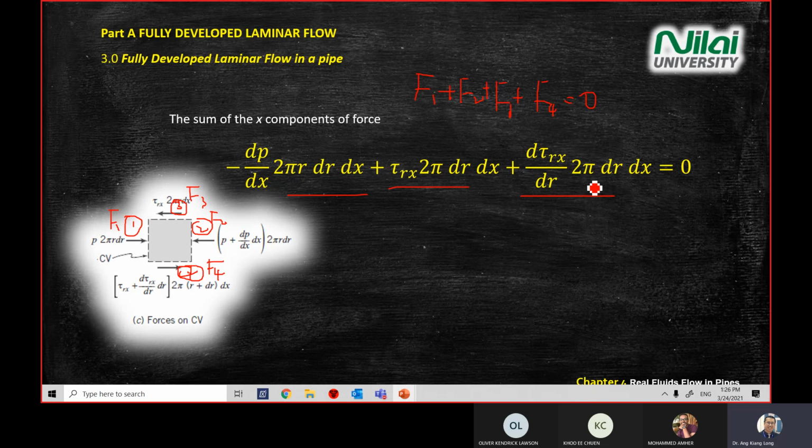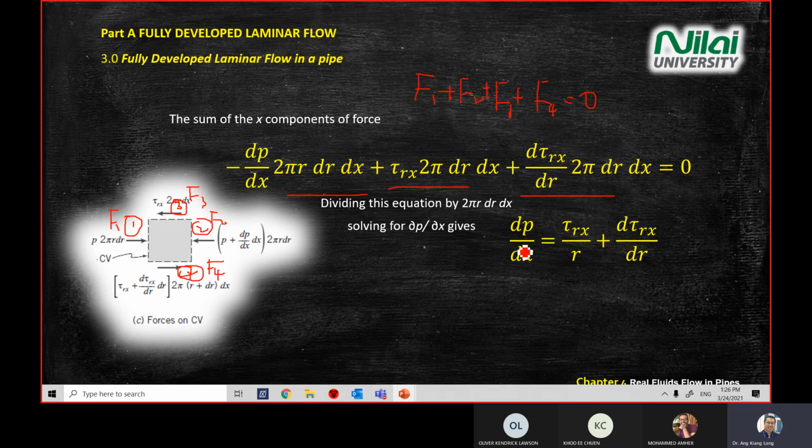At the end, you arrive at these 3 components. All right, then you divide this equation by 2 pi r dr dx. You take out the 2 pi r dr dx in this equation. Then you solve for del p over del x. You will get dp over dx equals shear stress divided by r plus d shear stress divided by dr.